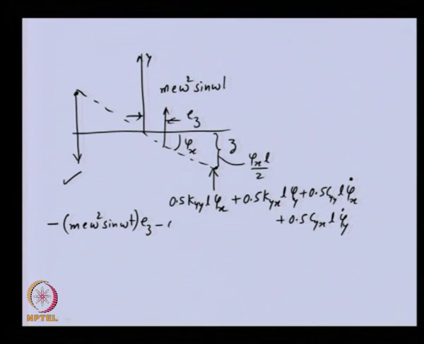So, this will give us 0.5 kyy, L is the moment arm, so we will be having L square. So, these are the moments now. They are negative because they are acting opposite to the angular displacements.